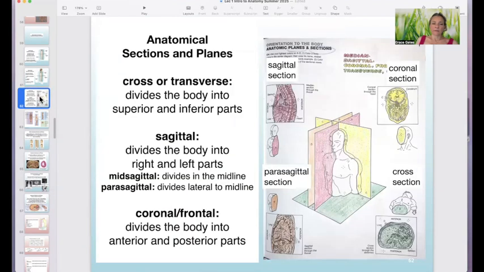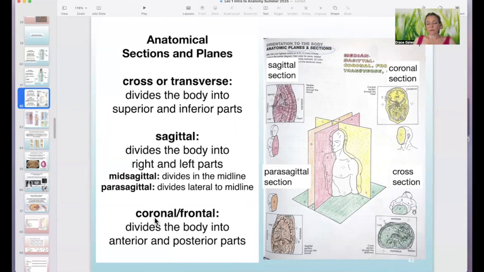And if you cut a cross or transverse section, you are dividing the body into superior and inferior parts. If you cut a sagittal section or plane, you're dividing the body into right and left parts. You can also use the term mid-sagittal, meaning that you divide it right in the midline, or parasagittal, which means that you divided lateral to the midline.